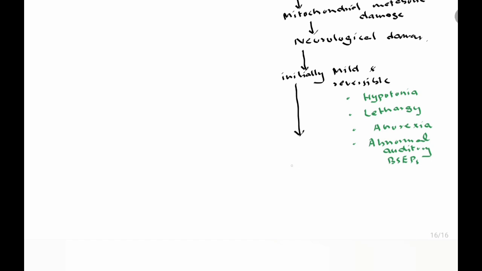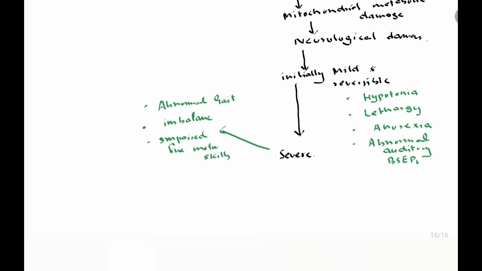There may be involvement of gait. The patient may be having abnormal gait and imbalance. There is impaired fine motor skills and ataxia. Because now the bilirubin is deposited in basal ganglia and cerebellum.